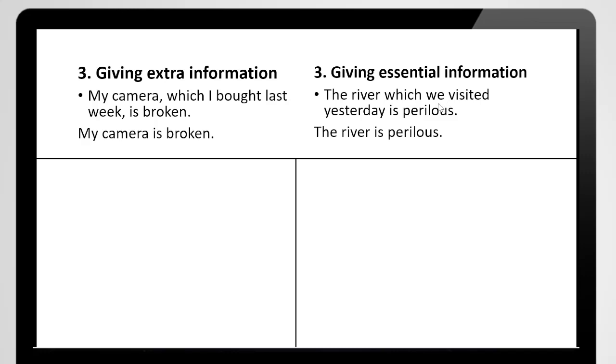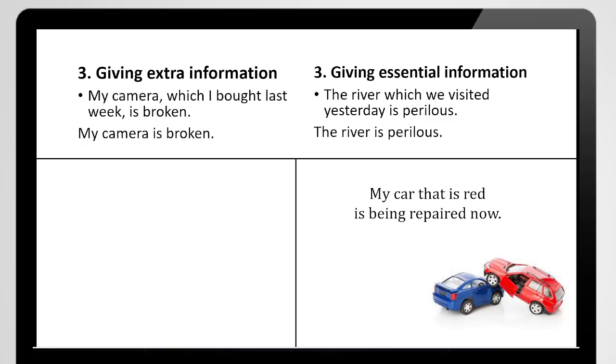All right. Now let's look at more examples about information. Okay, suppose I have two cars which are red and blue. And then I'll give you this sentence. My car that is red is being repaired now. Okay, so this adjective clause or relative clause that is red is essential.